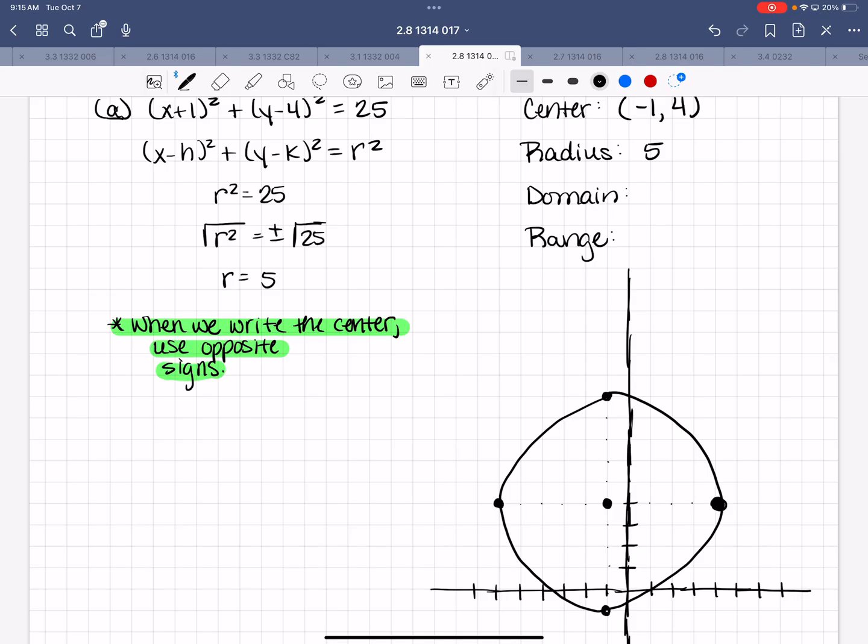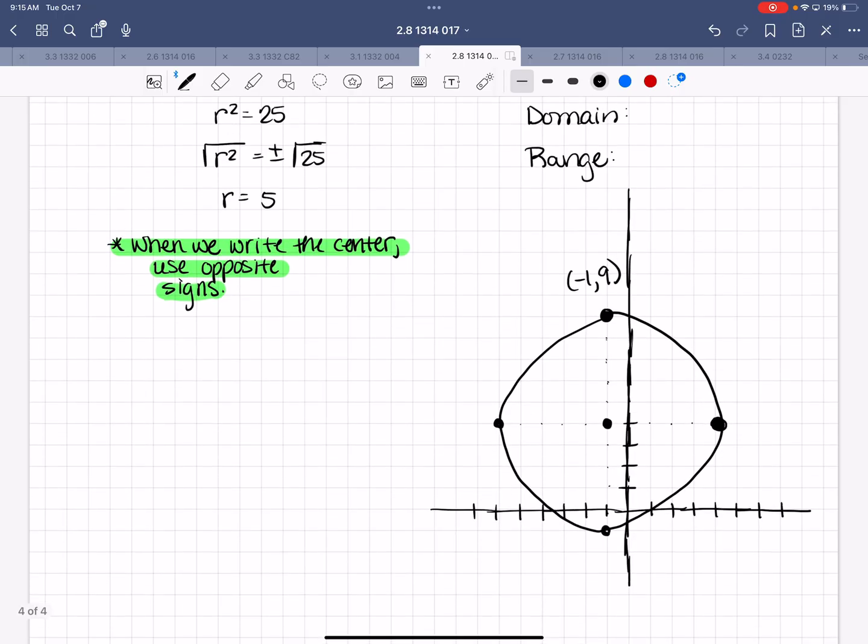Let's label the points. The point at the top is at negative 1, and 4 plus 5 is 9, so that should be (−1, 9).